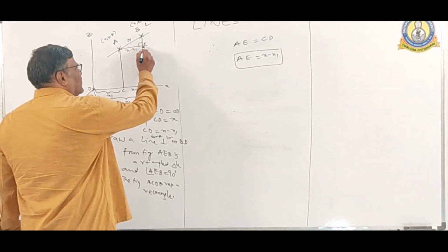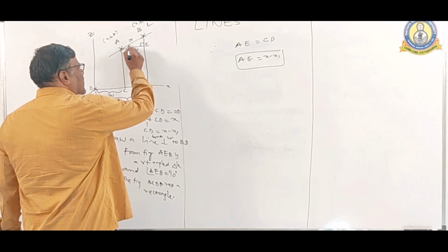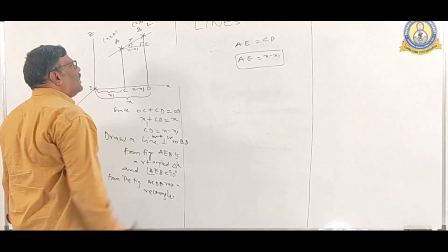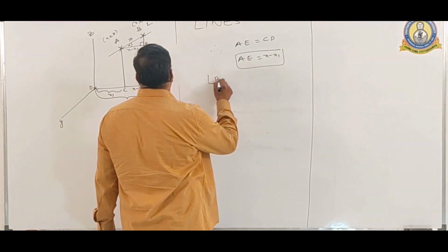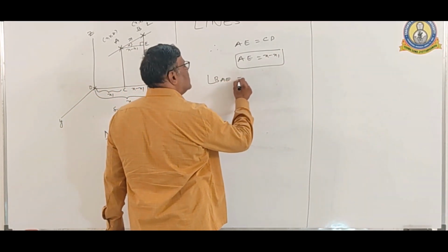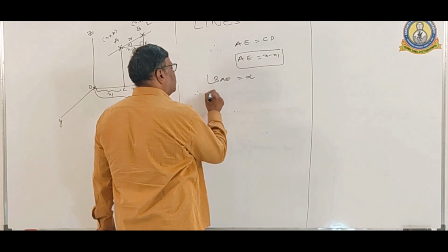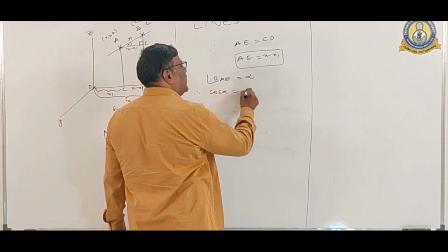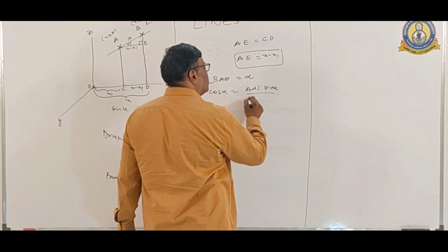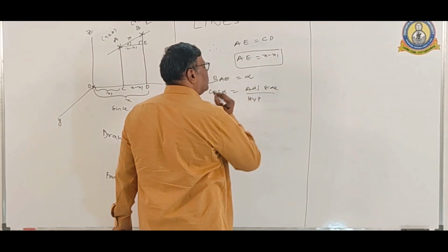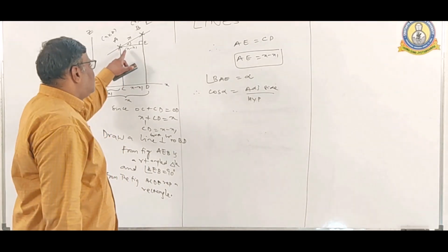Now, we assume that the angle BAE is equal to alpha. Cos alpha is defined as the adjacent side by the hypotenuse. What is the adjacent side here?